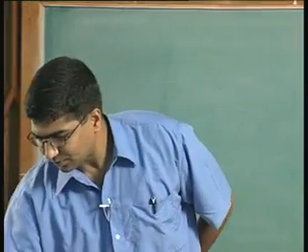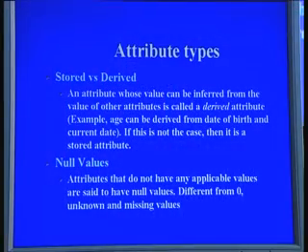Okay, and then there are what are called stored attributes versus derived attributes. Now, a stored attribute is something which you just store in the database, your date of birth, for example. So when you ask what is your date of birth, you just give some date and then store it in the database. However, suppose you were to ask what is the age of an employee.